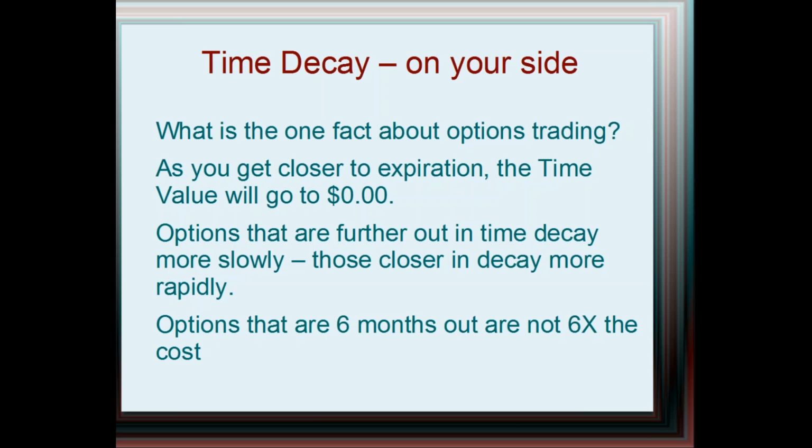If I looked at, let's say, a 145 call at Apple right now for 7 days out in time, it might be priced at $1.10. And if I go 6 months out at the 145, that same call option is not going to be $6.60. It might be $4.80. It might be $5, but it's going to be less than 6 times the cost.